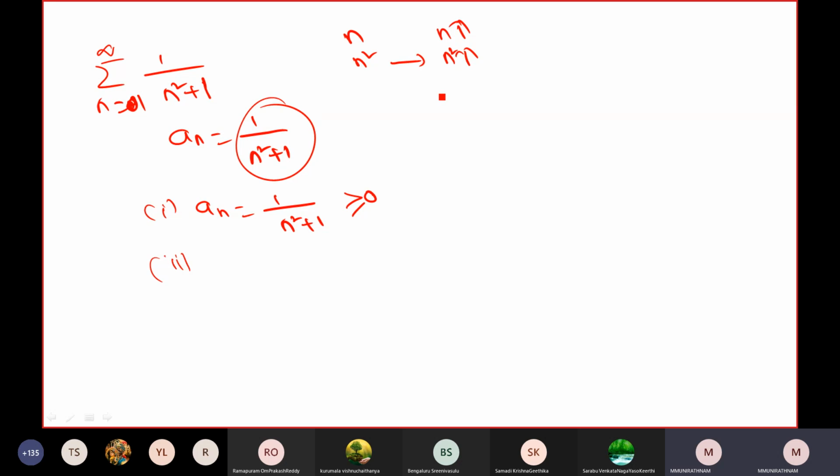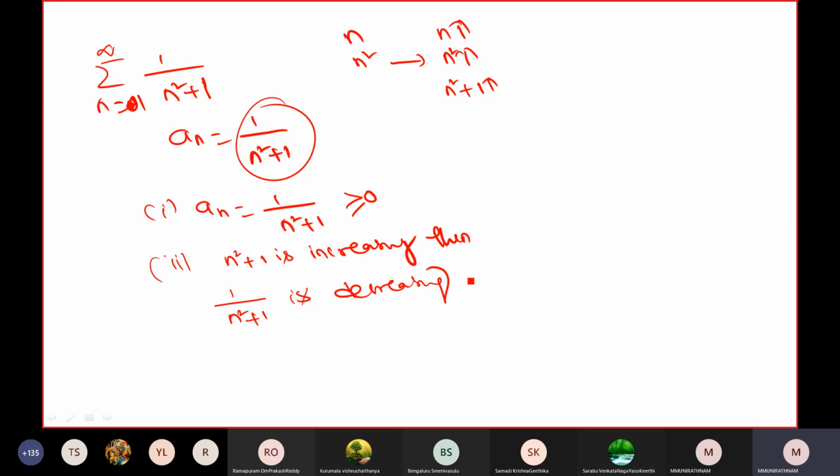Okay na? n square plus 1 is also an increasing function for any natural number. Then 1 by n square plus 1 is decreasing. అవునా కదా? Decreasing. Okay na?